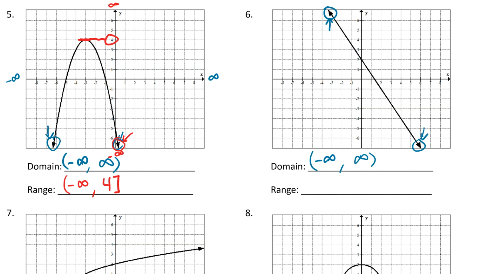Alright, if we do the range now, the lowest point, see an arrow, that means negative infinity. And the highest point, we see an arrow, so that would be positive infinity. And then we're done with number 6.